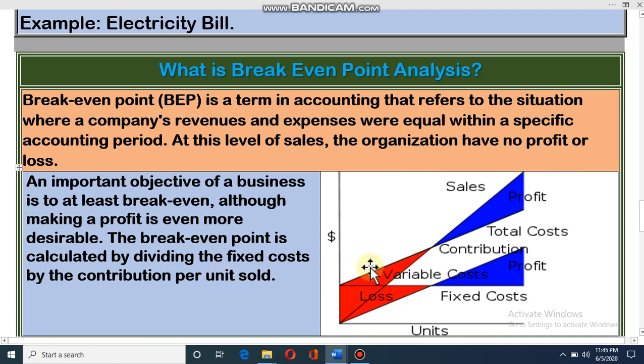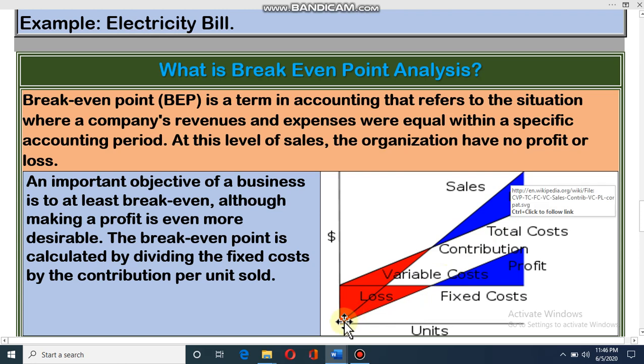Dear student, this is a chart of break even point. Look at the figure. Here we show units, and on this axis we show taka. Dear student, this is the line of fixed cost, and then variable cost. Fixed cost, look at fixed, and variable cost is increasing.